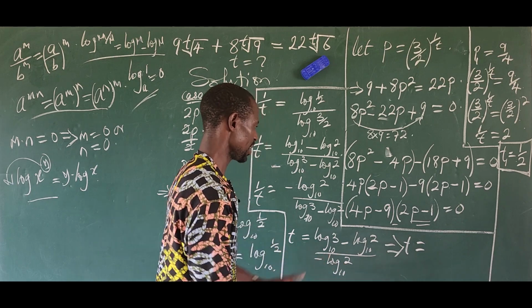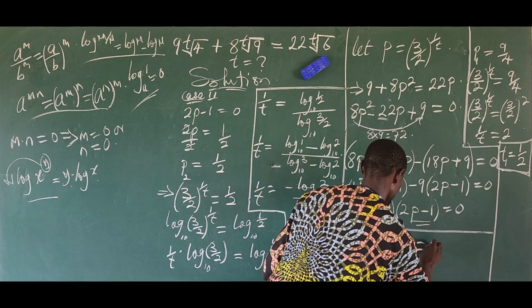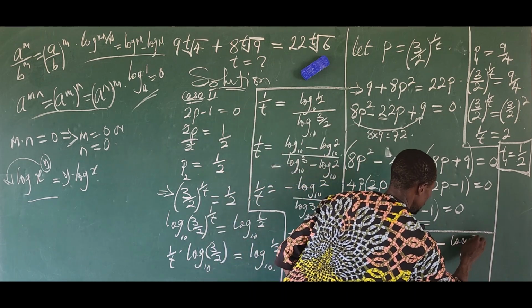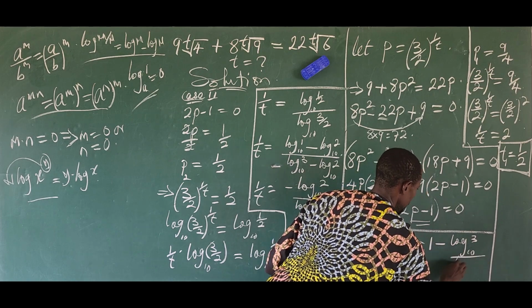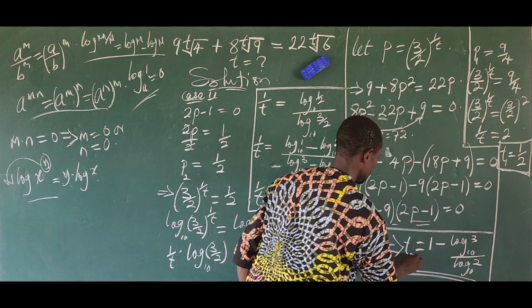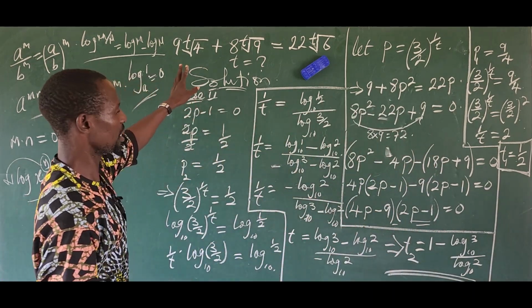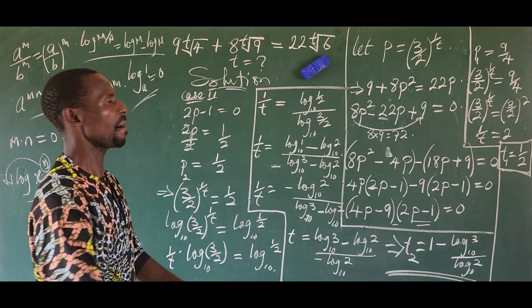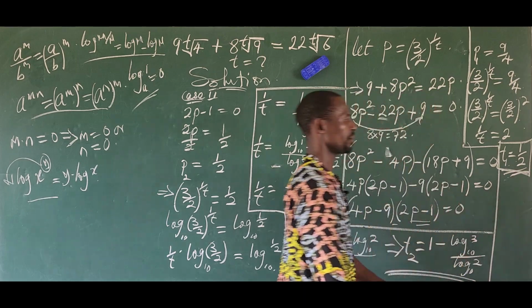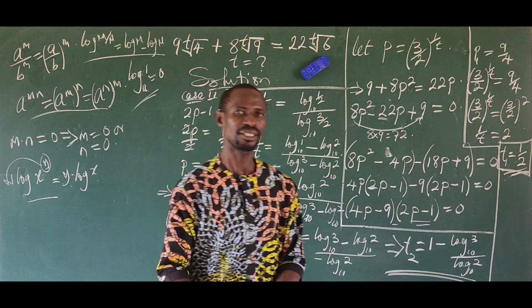If we divide it down, we end up with t equal to 1 minus log 3 base 10 all over log 2 base 10. This is the final answer for our T2. This value of T2 that we plug into the equation will give us the approximate value, while our T1 will give us the exact value.